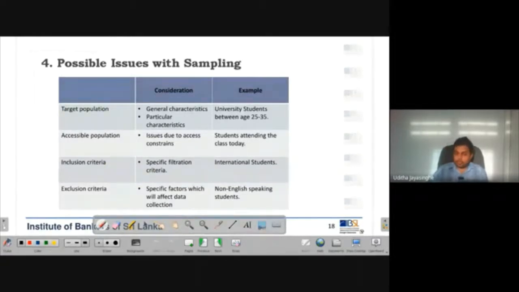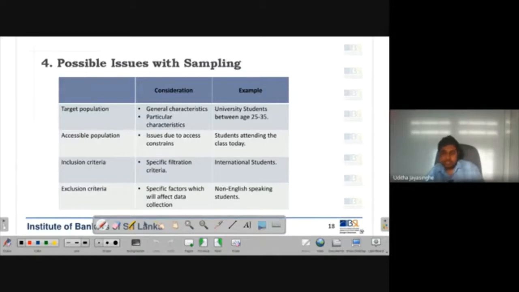So I can put up some inclusion or exclusion criteria for my sample. This is nothing to be practiced for the exam, but I'm just trying to show you some of the practical issues that come when you are really trying to do the sampling. I will put my inclusion criteria as international students.